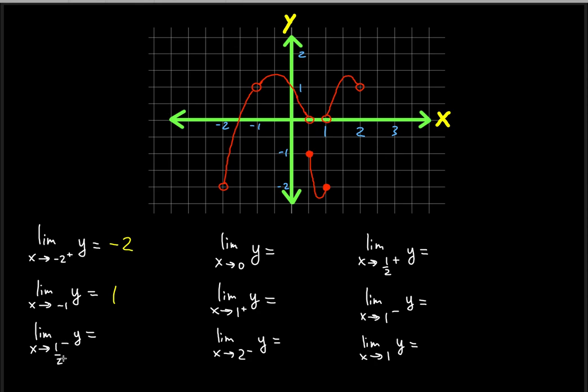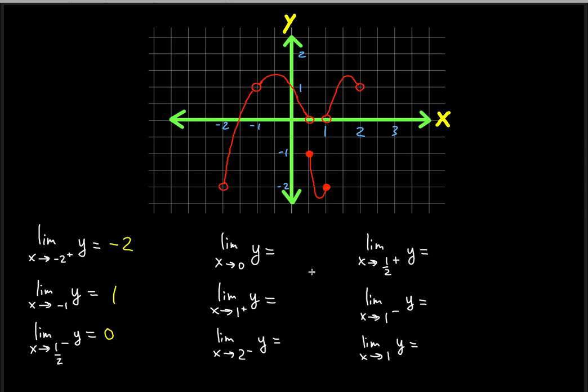X approaches 1/2 from the left, so you're not worried that there's a jump and that these two are not in the same place. You're only talking about the left-sided limit, and the left-sided limit is such that the y value stops at 0, the x-axis. So as x approaches 1/2 from the left, the limit of the y function is 0.